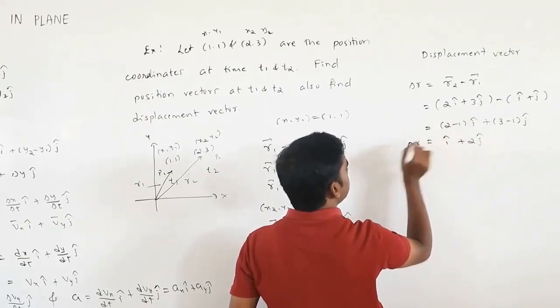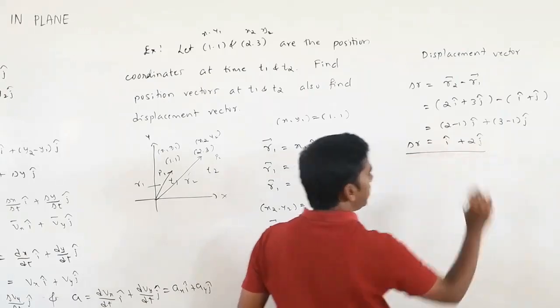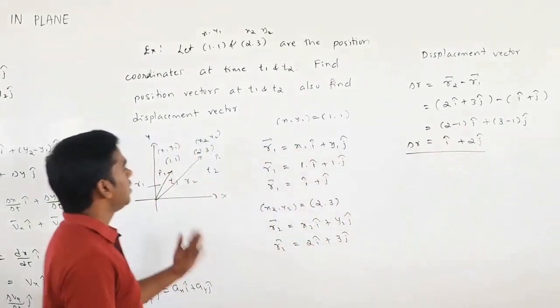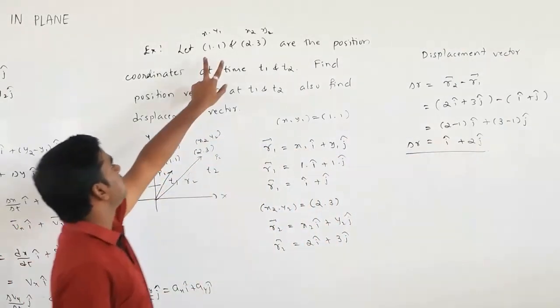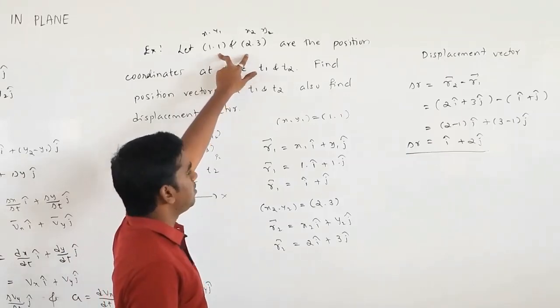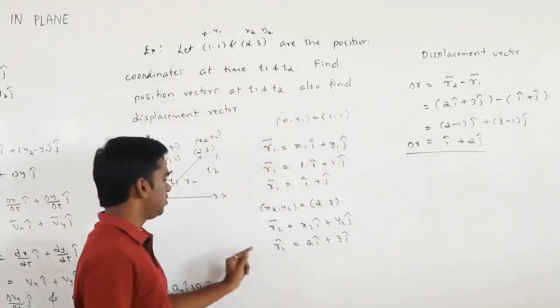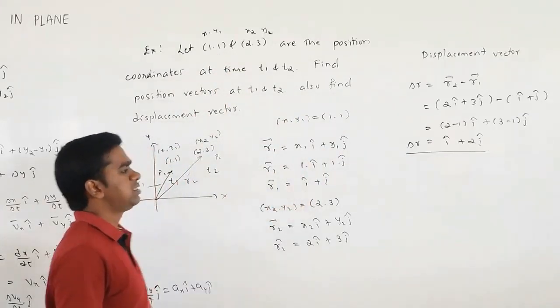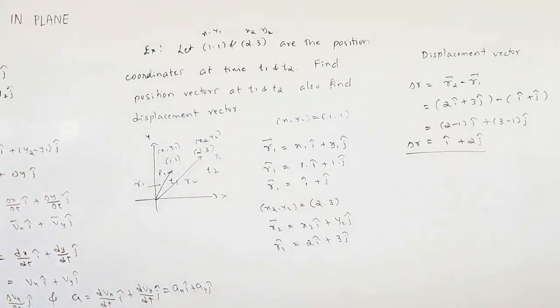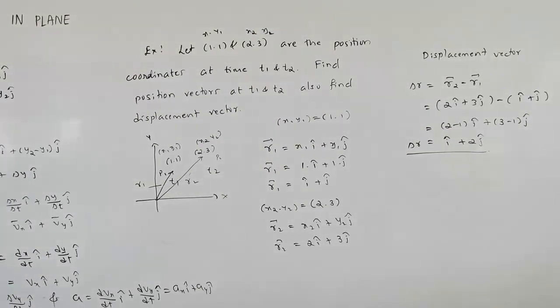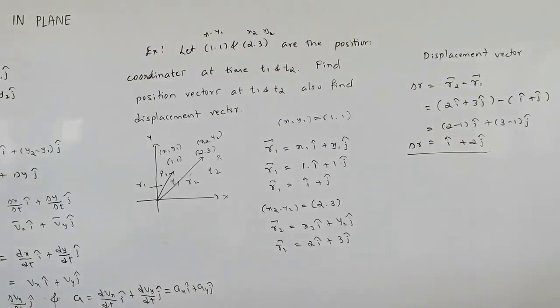This is going to be your displacement vector. So when they give the position coordinates, we can get the position vectors and displacement vectors as follows. If they specify times t1 and t2, say 1 second or 2 seconds, then we can get the average velocity also.